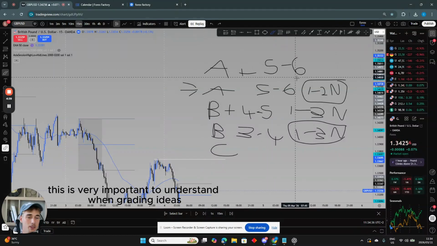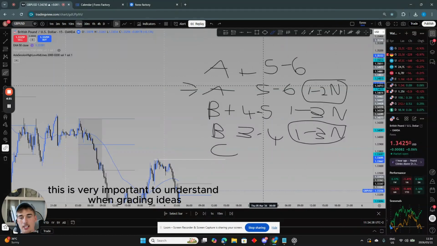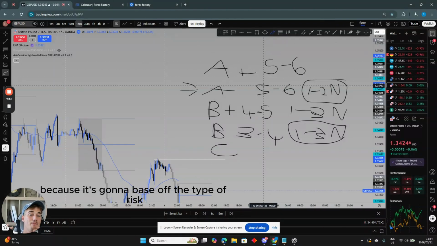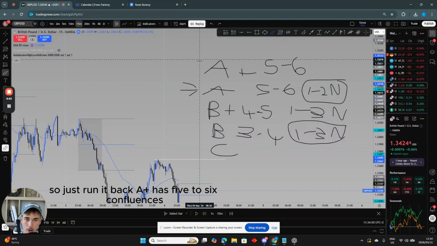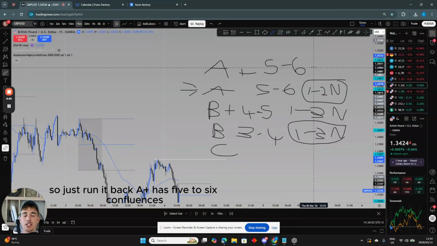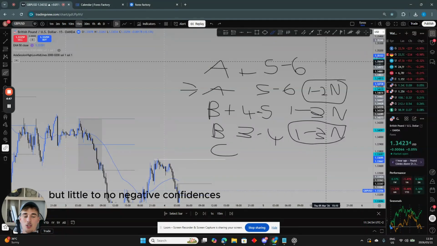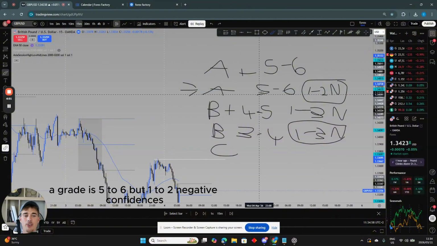This is very important to understand when grading ideas, because it's going to base off the type of risk that you're going to be applying and the type of entry model that you're going to be applying to these ideas, okay? So just to run it back, A plus has 5 to 6 confluences, but little to no negative confluences. A grade is 5 to 6, but 1 to 2 negative confluences.